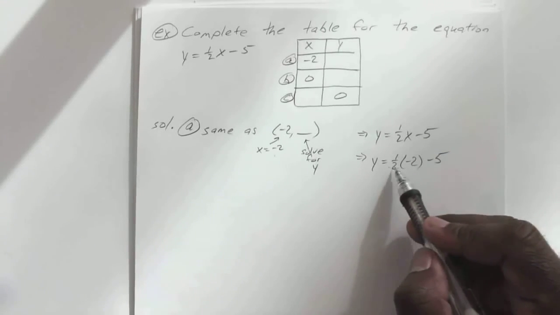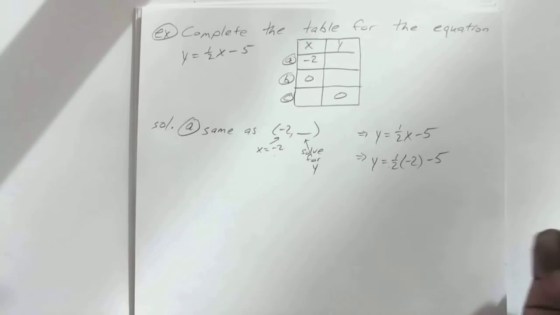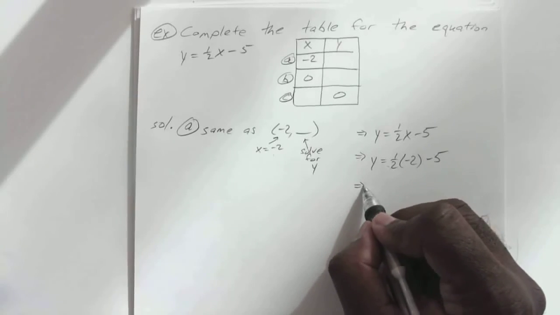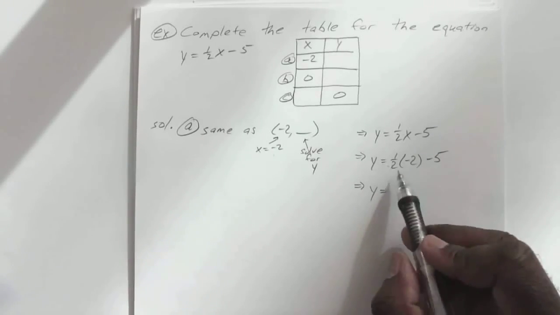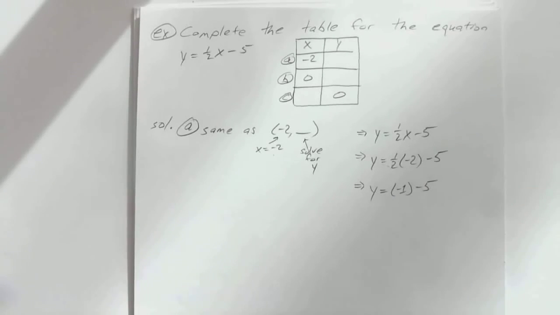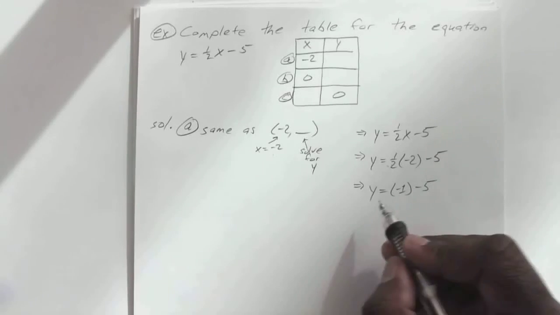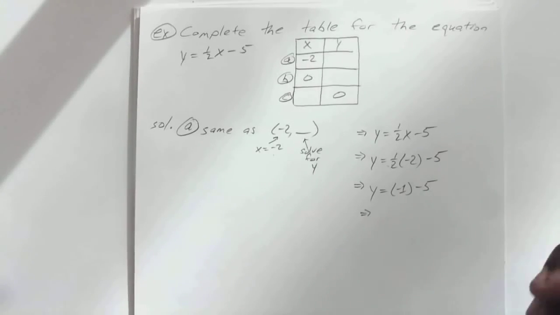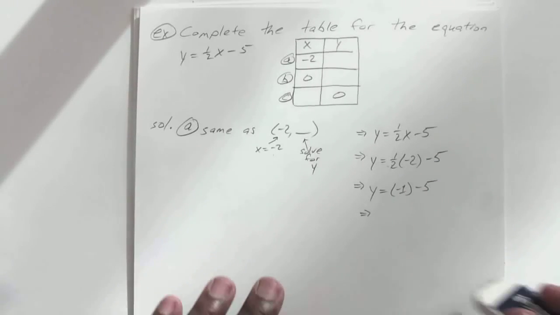Okay, so the 2's cancel out, which leaves you with 1 times -1. That's y equals -1 minus 5, which means that y is equal to -6.